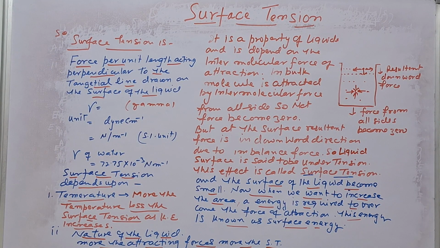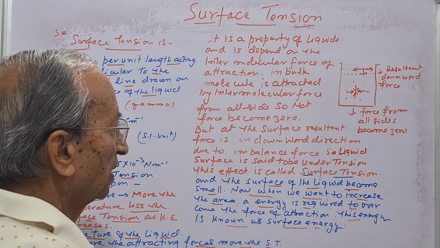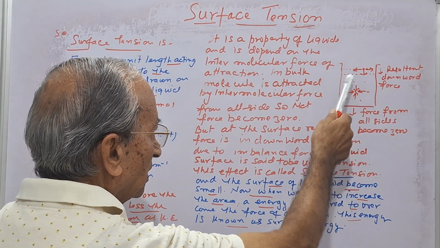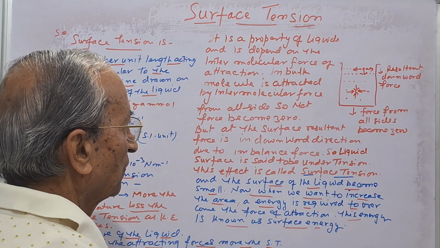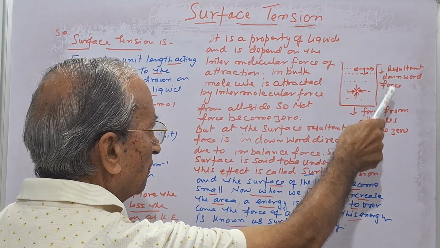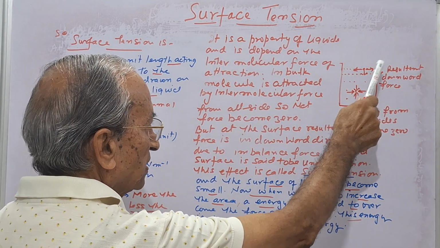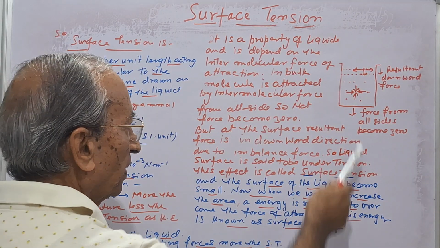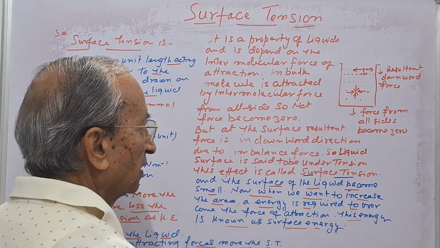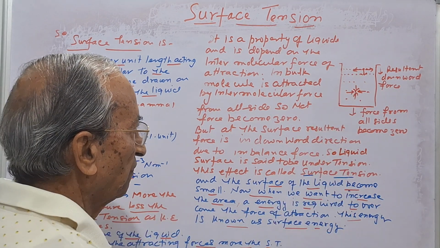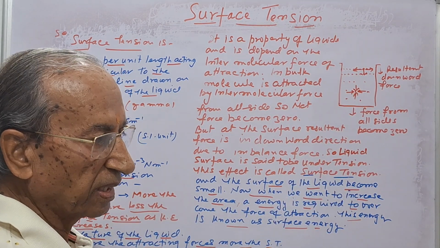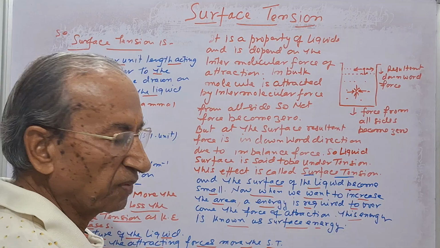So the point is clear: the resultant force of attraction is zero at the center and downward at the surface, so the surface will decrease, and when we want to increase the surface area, we require some energy which overcomes the force of attraction.